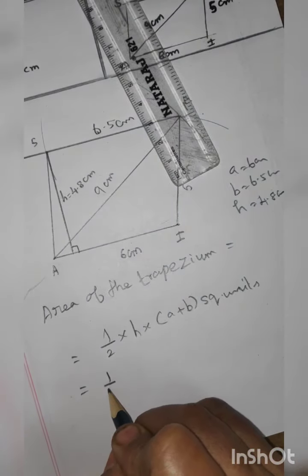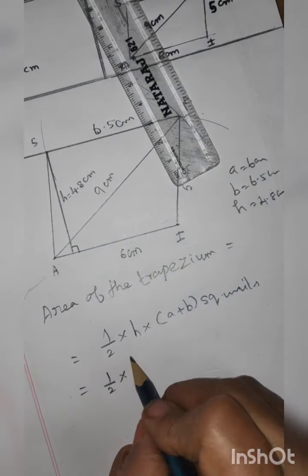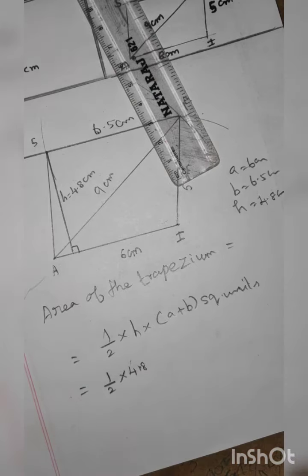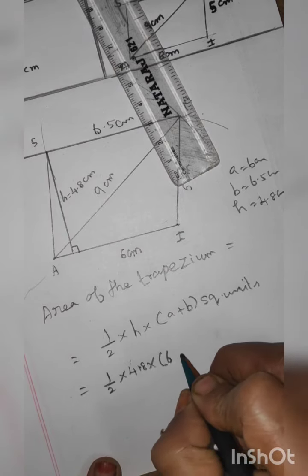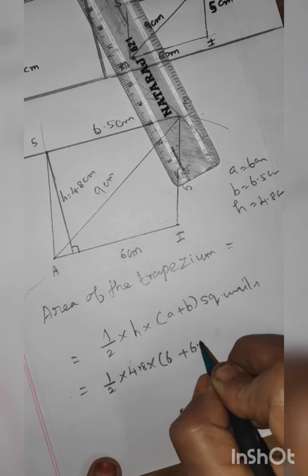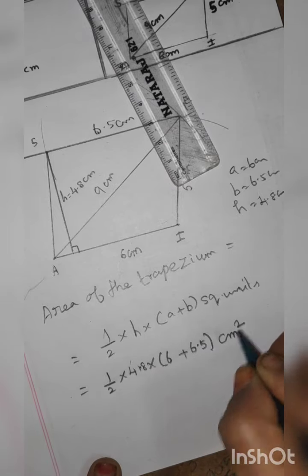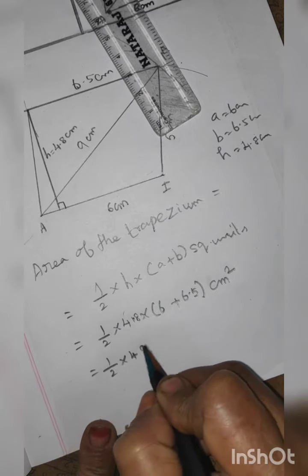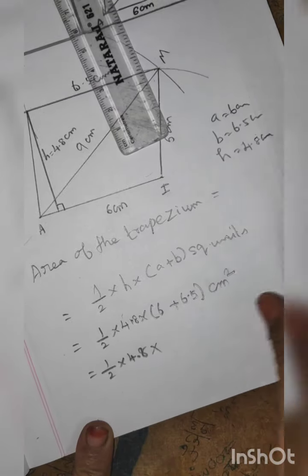Area equal to 1 by 2 into H value 4.8 into (A value 6 plus B value 6.5), and the unit, square centimeter, you write as centimeter squared. 1 by 2 into 4.8, keeping the decimal point, into these two numbers to add.